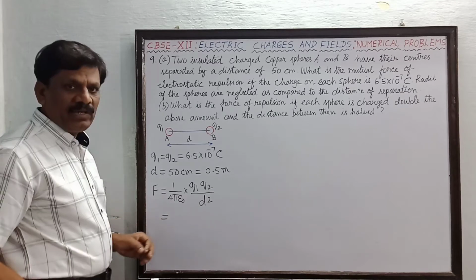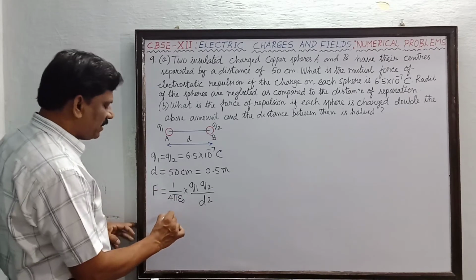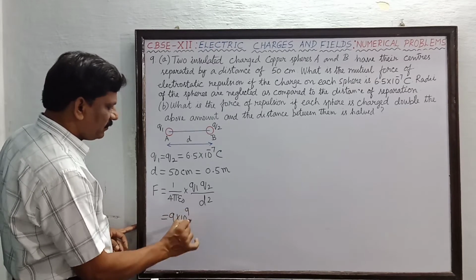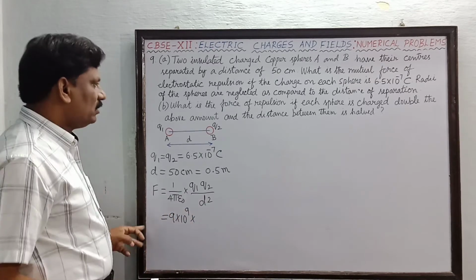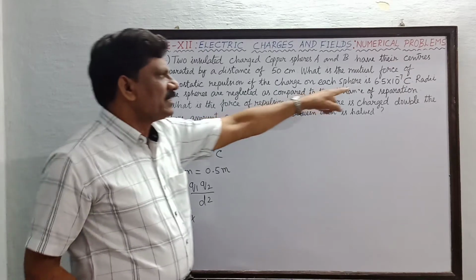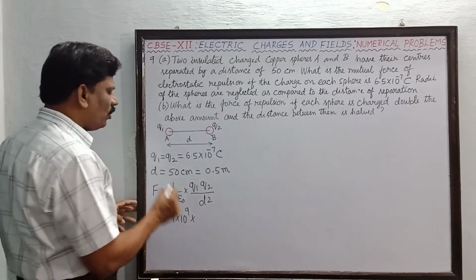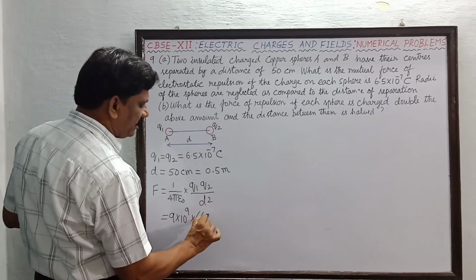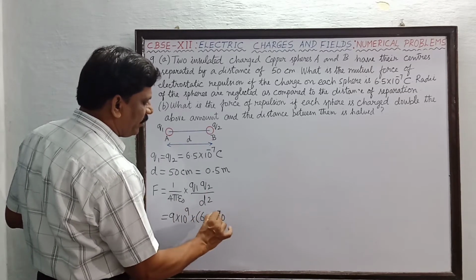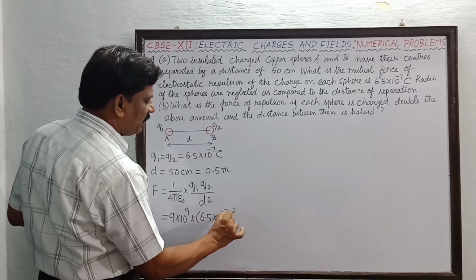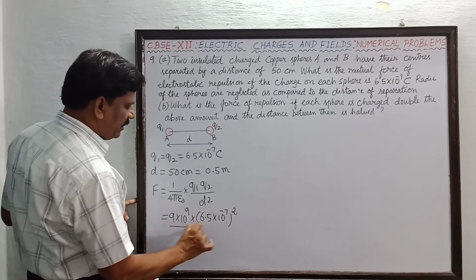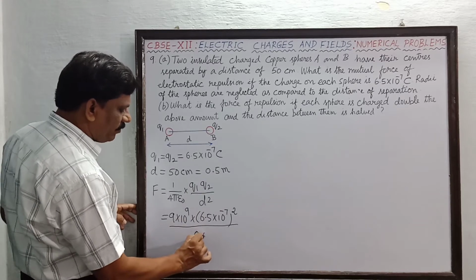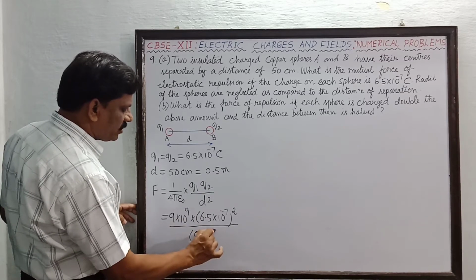The value of 1 by 4 pi epsilon naught is 9 into 10 to the power of 9, into 6.5 into 10 power minus 7 whole square, since both the charges are the same, divided by 0.5 whole square.